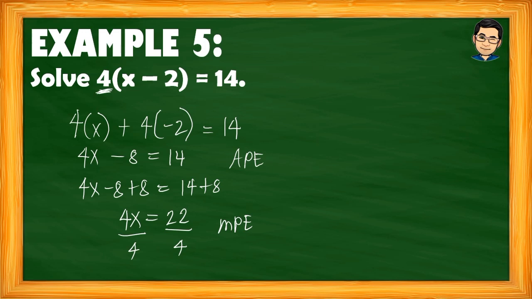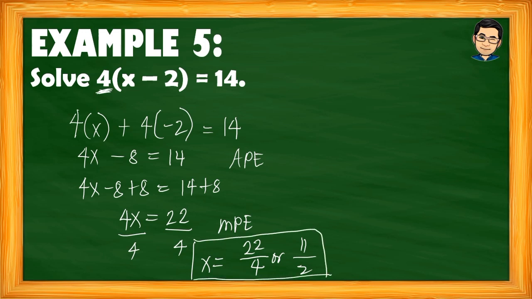So the value of x is 22 over 4, or pwede nating i-simplify as 11 over 2. Ayan. So, kung ano po ang numerical coefficient ng x, yun po ang i-divide. Yun po yung kailangang ma-eliminate. So, the value of x is 11 over 2.